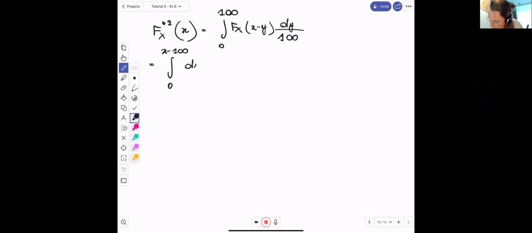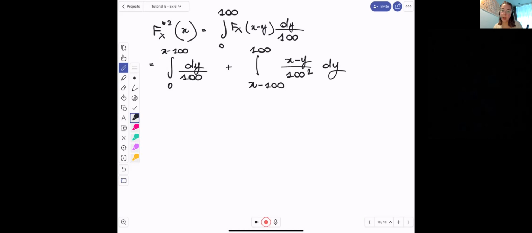So we just have this 1 over 100 that is left. And then for the second part, where y goes between x minus 100 and 100, our distribution function is equal to x minus y divided by 100. We're going to multiply by the density function. So we have these two integrals that we are now able to solve.